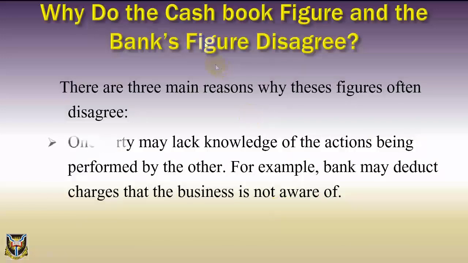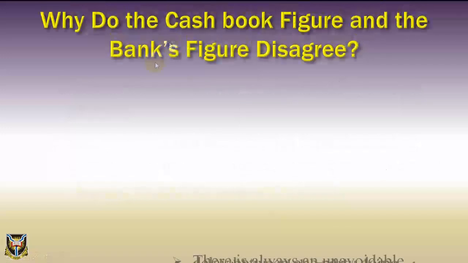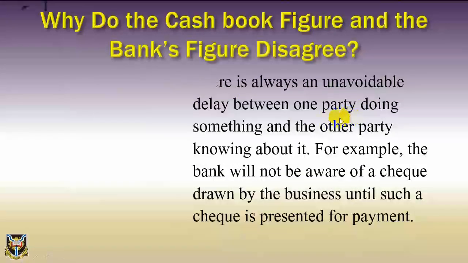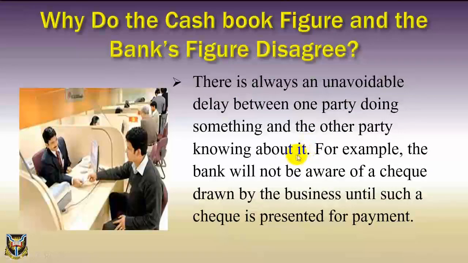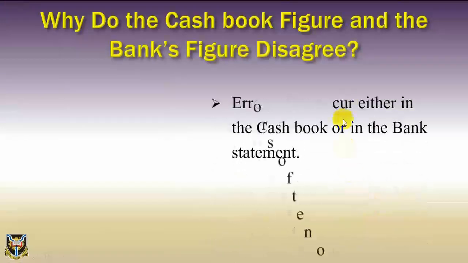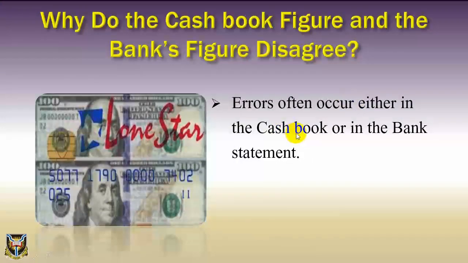B. There is always an unavoidable delay between one party doing something and the other party knowing about it. For example, the bank will not be aware of a check drawn by the business until such a check is presented for payment. C. Errors often occur either in the cash book or in the bank statement.